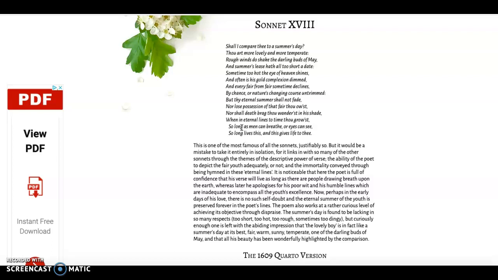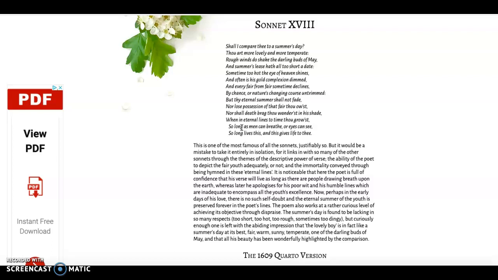Shakespeare says, "Shall I compare thee to a summer's day? Thou art more lovely and more temperate. Rough winds do shake the darling buds of May, and summer's lease hath all too short a date. Sometime too hot the eye of heaven shines, and often is his gold complexion dimmed, and every fair from fair sometime declines, by chance or nature's changing course untrimmed.